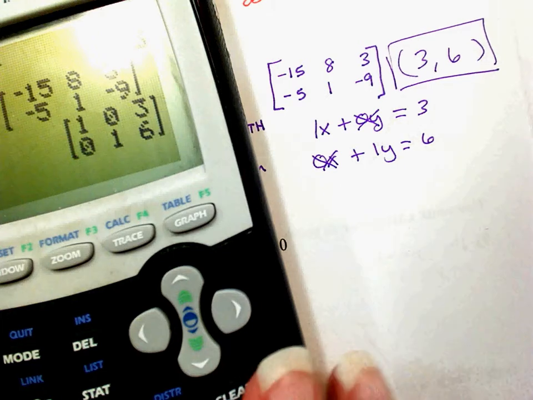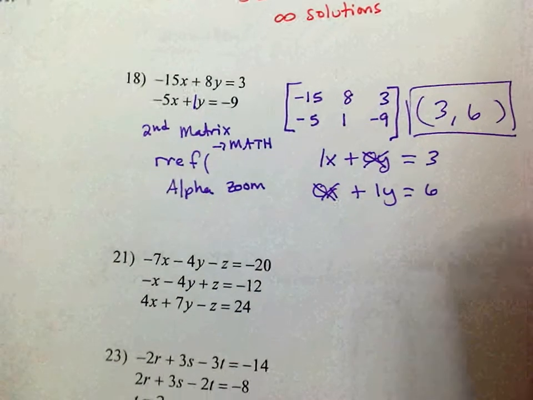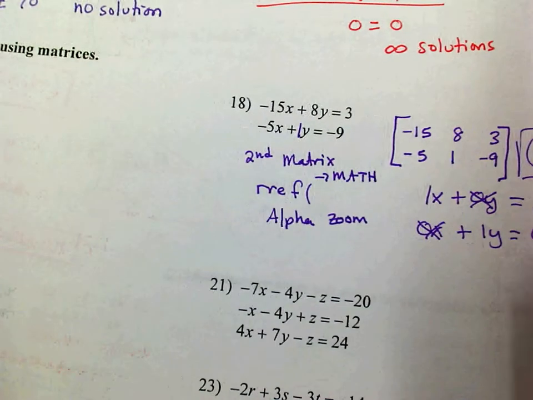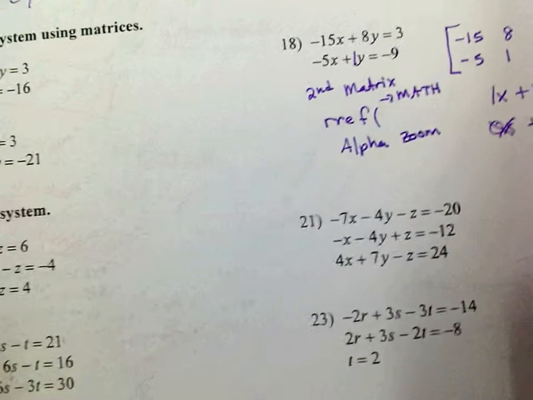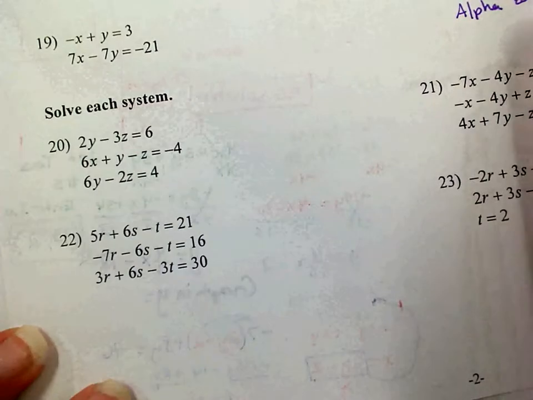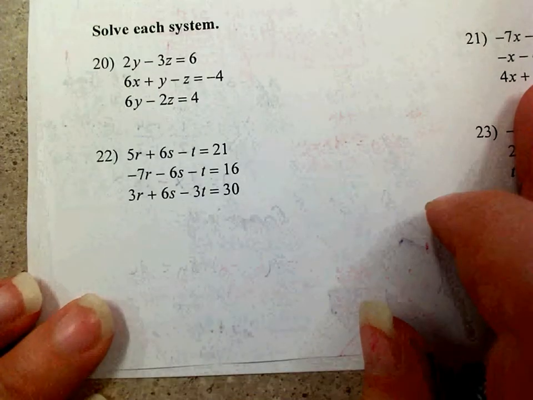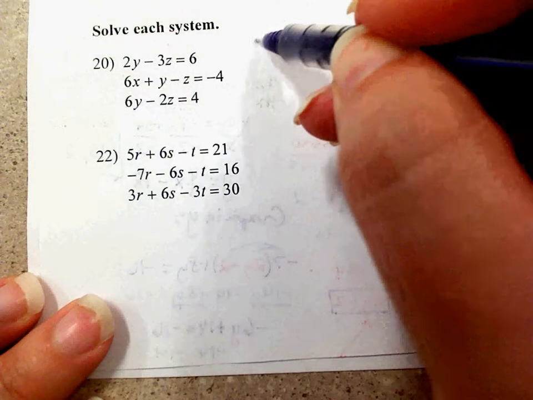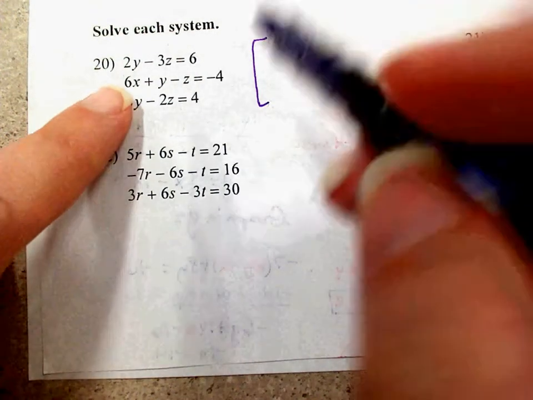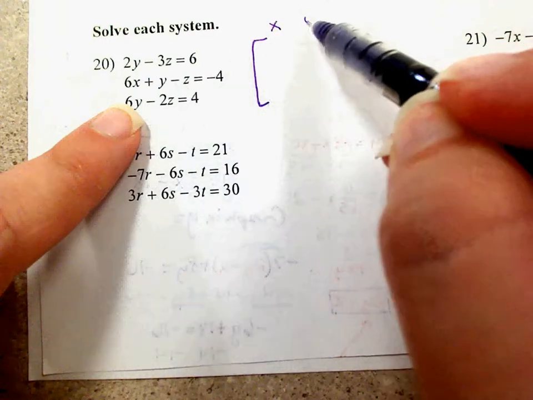Okay. Now let's talk about 20 and 22. Okay, so I need to write down the matrix that I'm going to enter, right? Okay, so it's looking like I have an x, and a y, and a z. So if I have an x, a y, and a z column, and then the answer, or the equal sign, right?